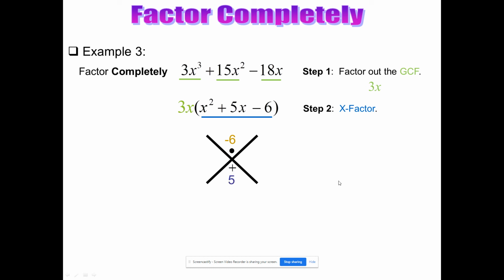So think about it. Okay, are we going to use the numbers 3 and 2, or are we going to use the numbers 6 and 1? And in this case, it is going to be the numbers 6 and 1, but it's going to be 6 and -1. And then we divide by our a value, which in this case is 1. 6 divided by 1 is 6. -1 divided by 1 is -1, so we have an x plus 6 there, and x minus 1.